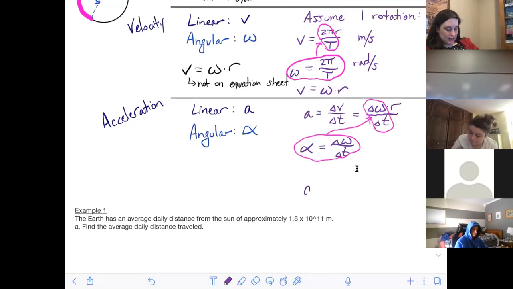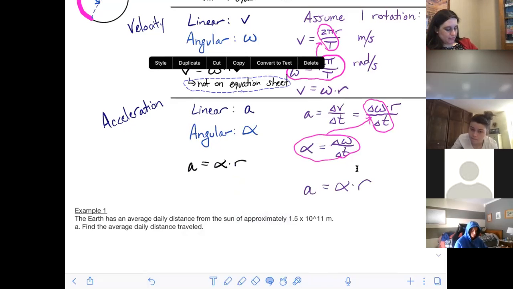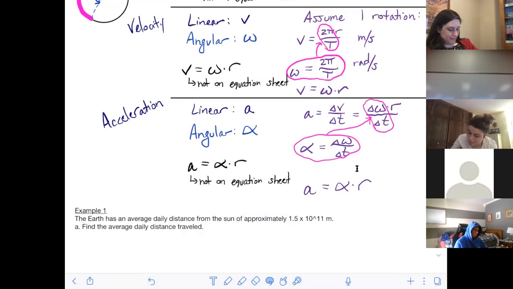And so we get that linear acceleration is equal to angular acceleration times r. I will write it one more time. This relation, not on the equation sheet.